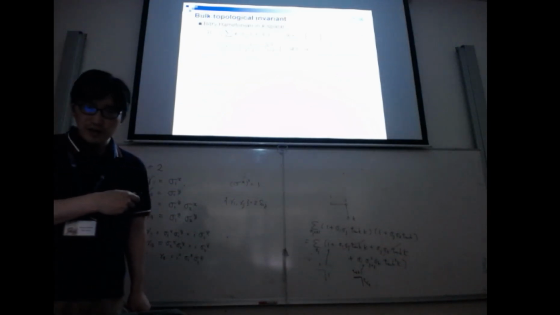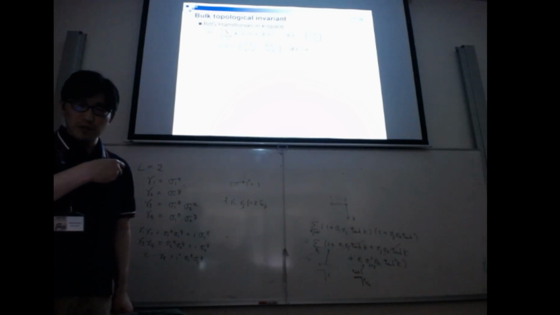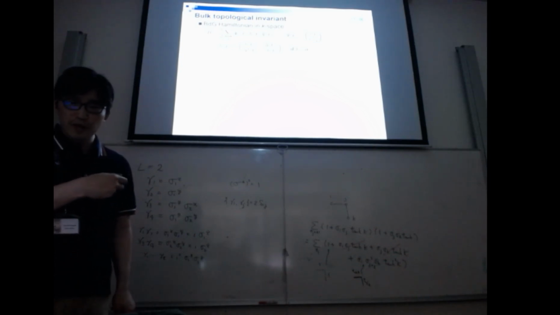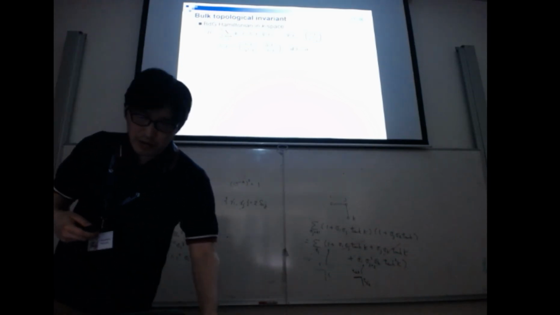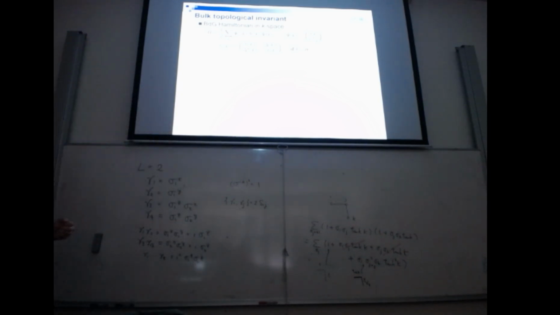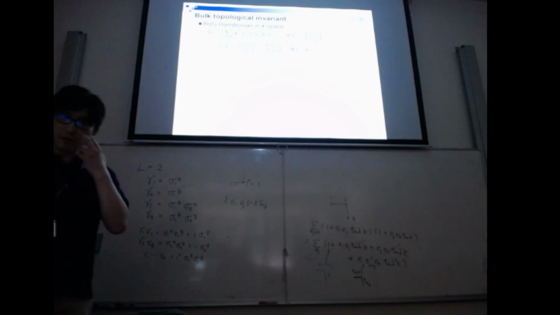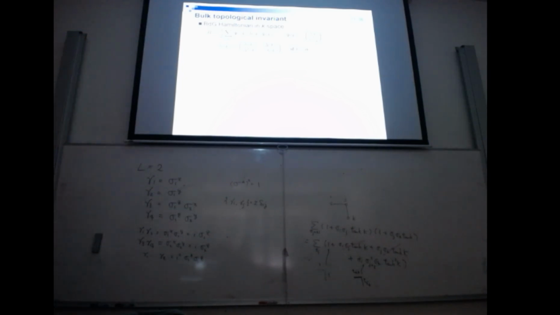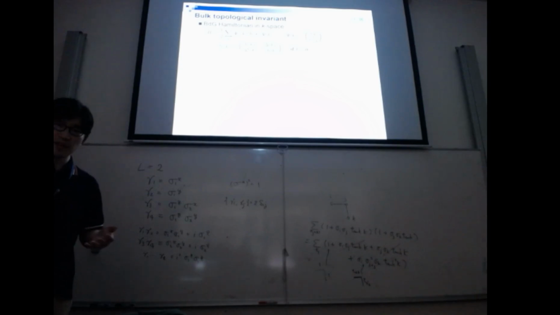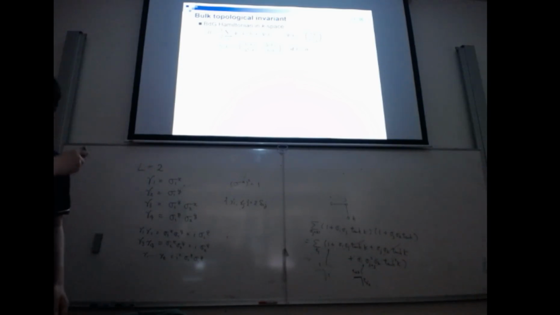But now let's discuss the bulk topological invariant. And if you consider a model with periodic boundary condition, you can easily solve it because you have translational symmetry. You can just Fourier transform the Hamiltonian, right? And this psi k and psi dagger minus k are Fourier transforms of C and C dagger, which I discussed, right?